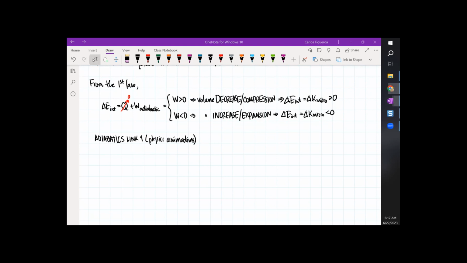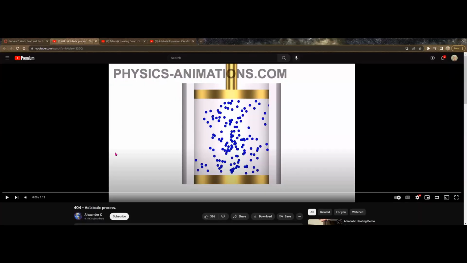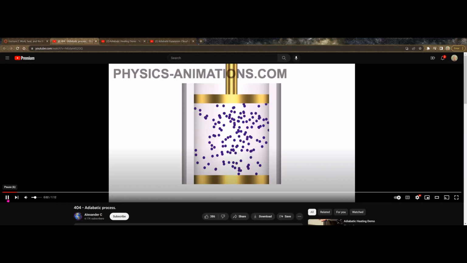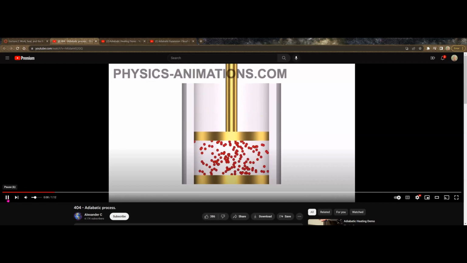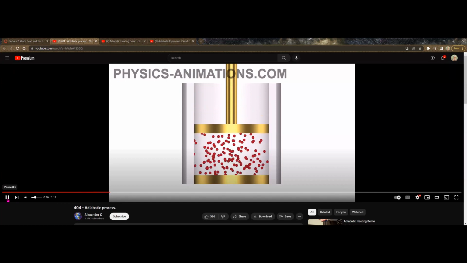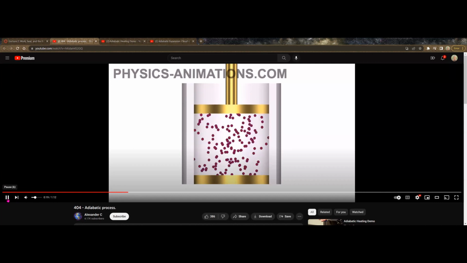Here it is. Let's just play this for a little bit. You can see here right now that the blue indicates that the particles are moving slow. But as the compression happens, you can see that the particles are moving faster. And that's because there's work being done by the piston head. Now we go from faster particles to slower particles because the gas particles are actually doing the collisions here.